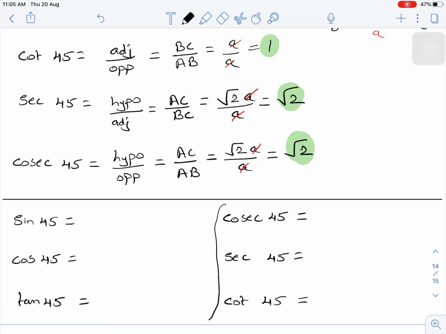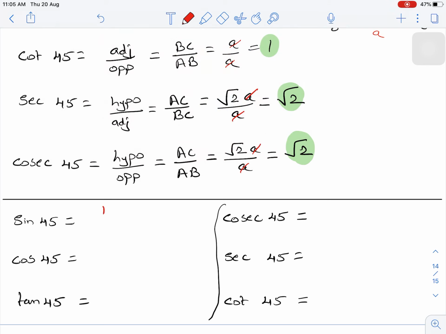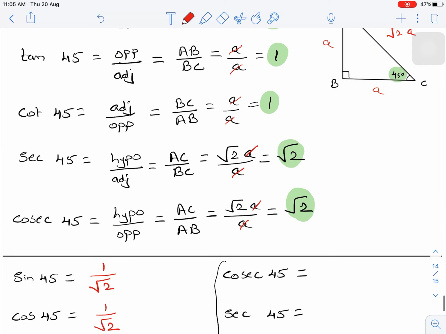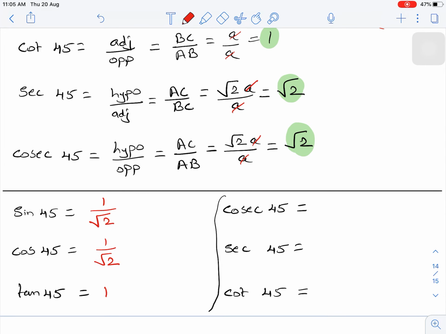So I am writing that values over here. Okay, sine 45, let me write it with a different color, is how much? 1 upon root 2. Then cos 45, so it is also 1 upon root 2. Then tan 45, that is 1.